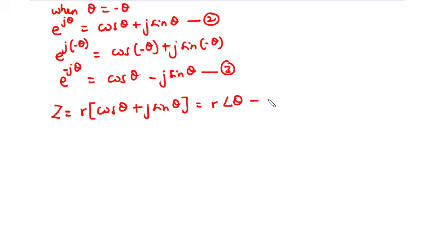So that is the polar form, can now be expressed in exponential form as z equals r times e exponent j theta, that is from equation 2. So we have r times e exponent j theta. So this is the exponential form.